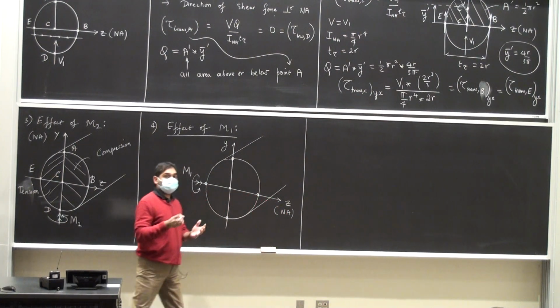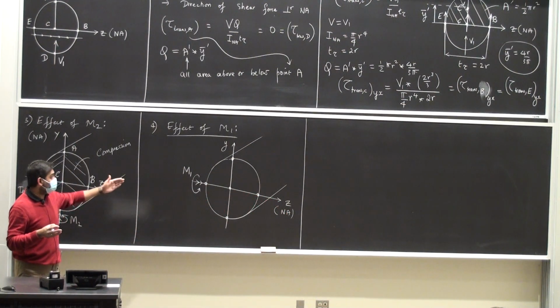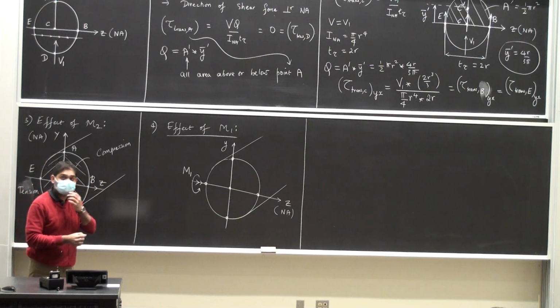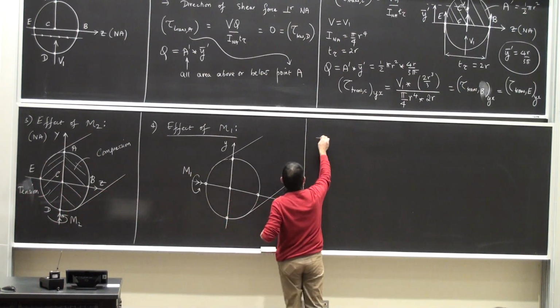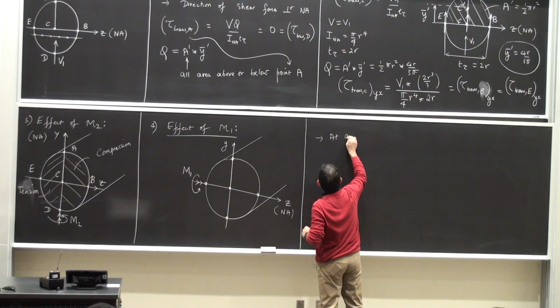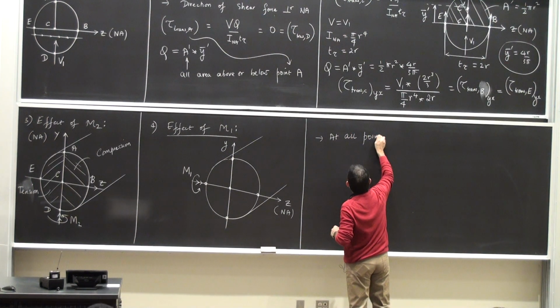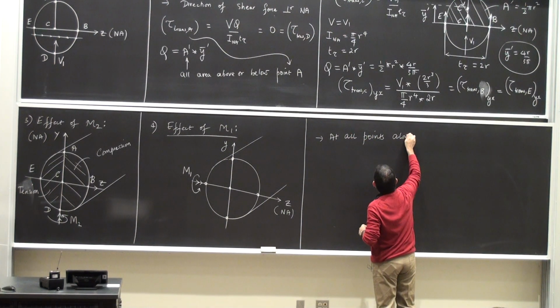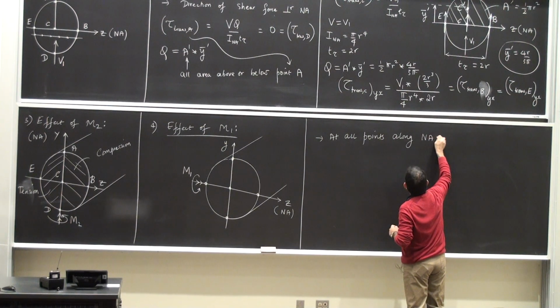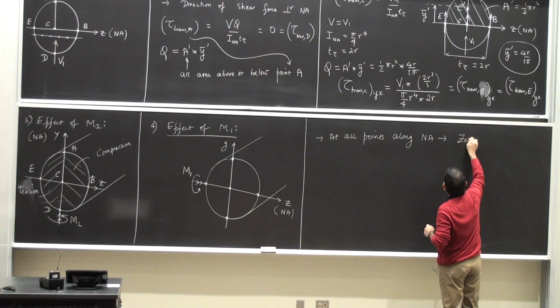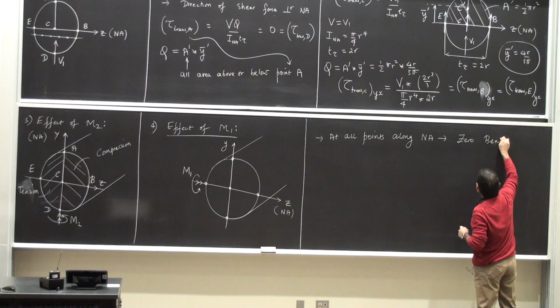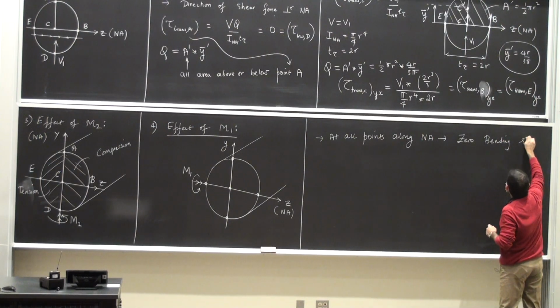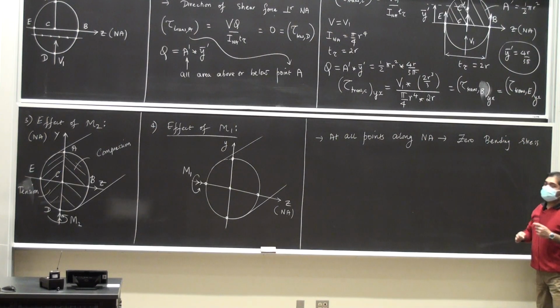The first point of interest is that at all points along the neutral axis, the bending stress is zero. So where are the points where things are zero?